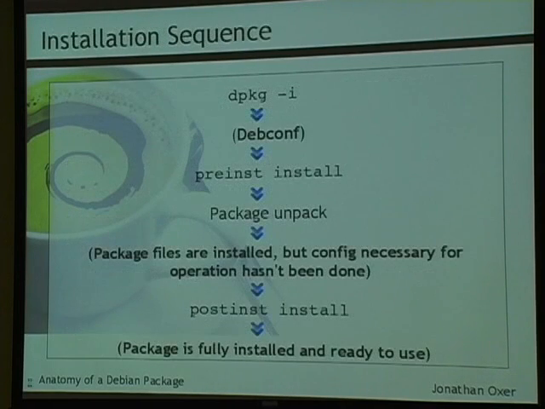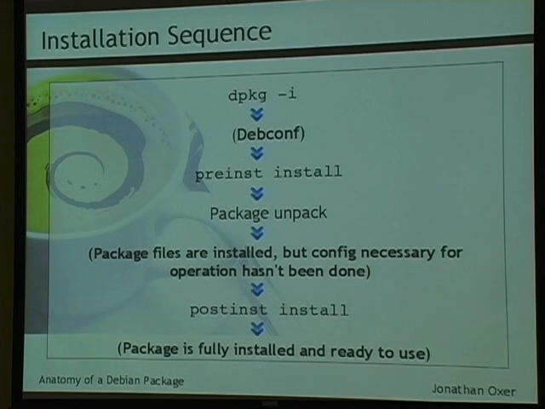So to understand that process, the actual sequence that is run through when you install a Debian package: if you've got a package sitting there on disk and you do dpkg -i for install, it invokes debconf and asks any questions that might be asked. The answers to those questions are remembered for use later on.